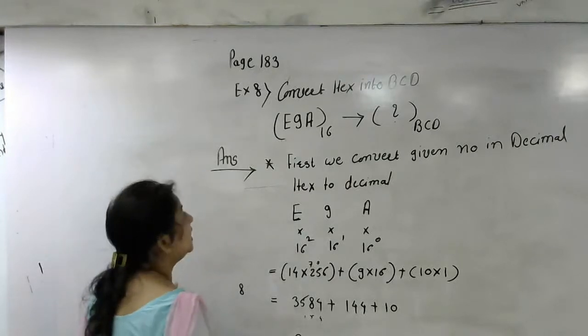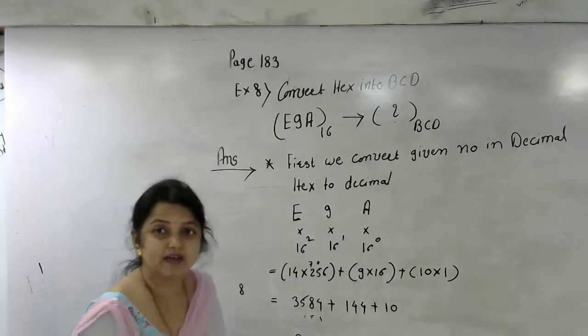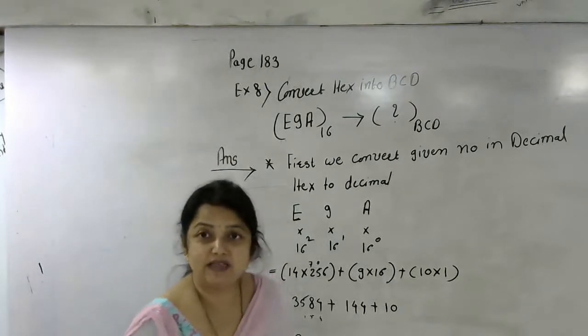Three six three eight. So 3638, right? Anyone get this answer?